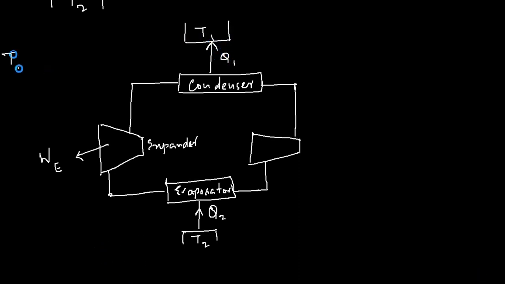The condition is T1 greater than T2. Now we've got the expander here and the compressor here. It's the same cycle. Flow is like this.